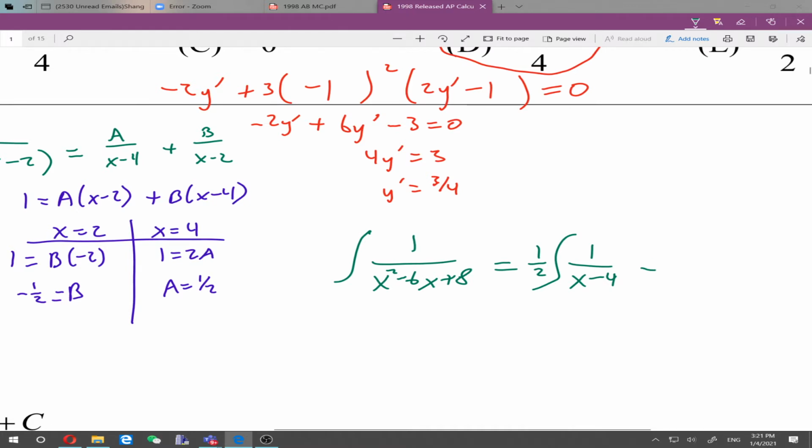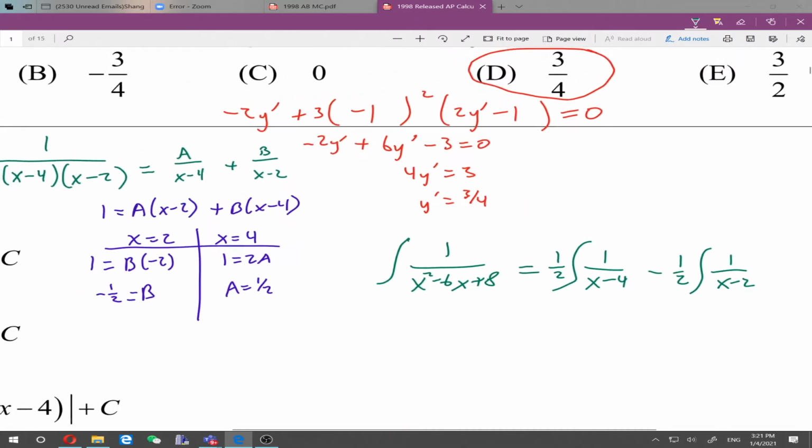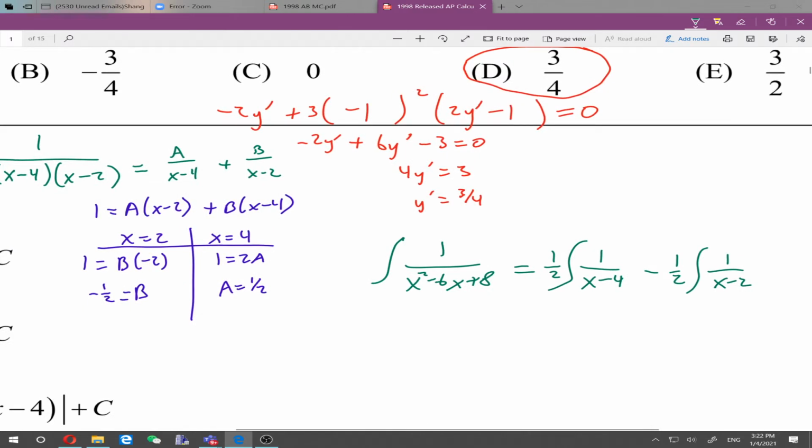So I'm just going to write negative 1/2 times the integral of 1 over x minus 2. Okay, is everyone okay with the partial fraction decomposition part? Yeah.